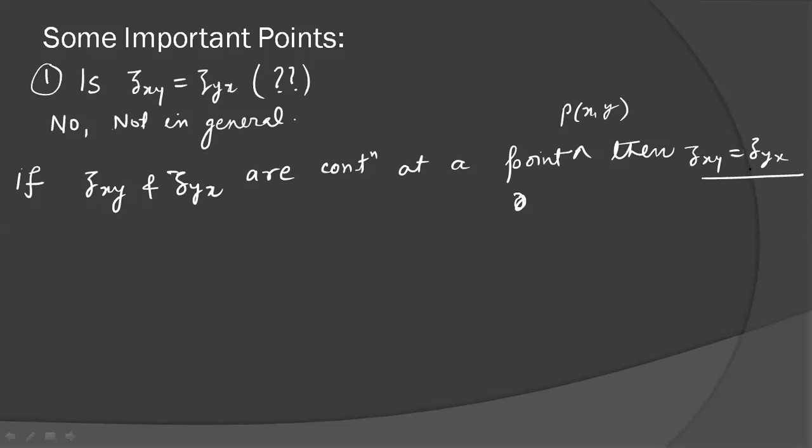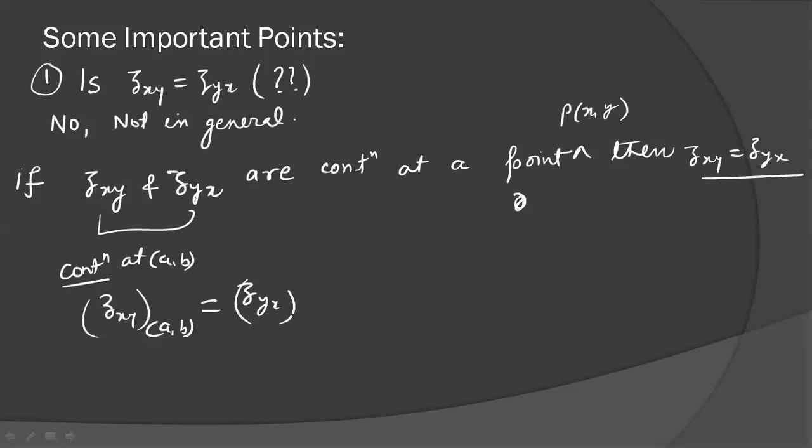Means if these two are continuous at any point, then at that point these will be equal. Suppose these are continuous at (a, b). It means zxy at (a, b) will be equal to zyx at (a, b). So the continuity of these two is compulsory.